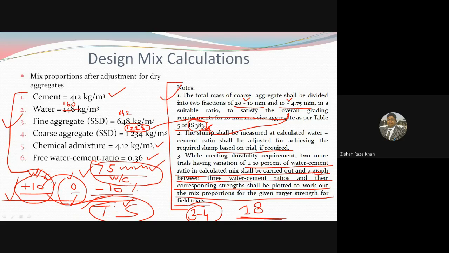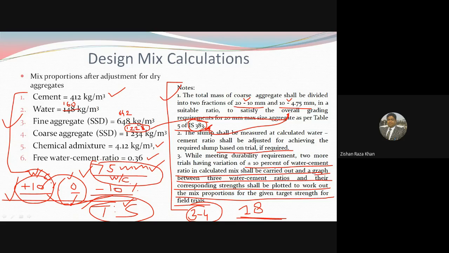So usually a trial mix is created and slump is checked, and a rapid strength gain test will be conducted, and based on the result it will be interpreted whether your mix is right or wrong.